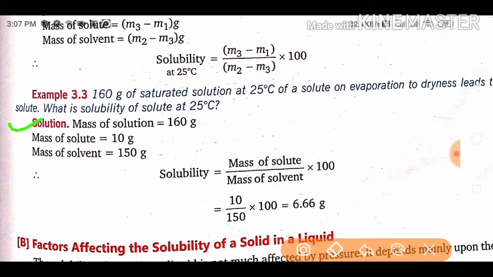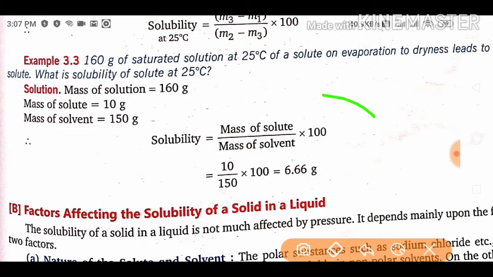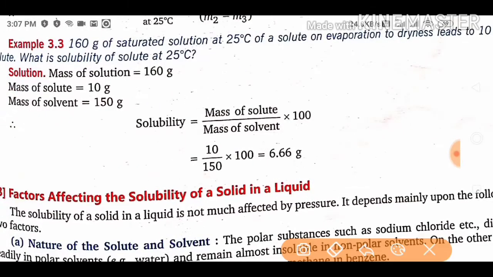Mass of solution is given as 160 gram, mass of solute is 10 gram, and mass of solvent is 150 gram, obtained by subtraction. Then solubility is mass of solute upon mass of solvent into 100. So 10 upon 150 into 100. Because the 10 gram evaporates, you have to remember, we do the subtraction here. Okay, 150, right.